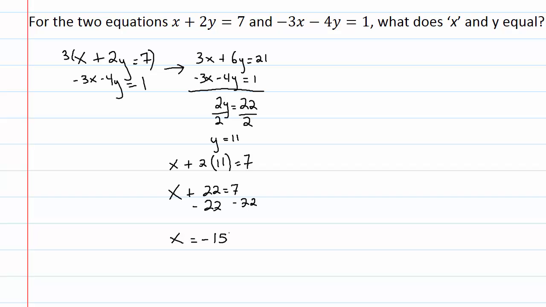Now, if we want to use substitution, we need to get one of the variables by itself in terms of the other. We'll take the first equation. Now, to get x by itself, we need to subtract the 2y on both sides. And x should equal 7 minus 2y.